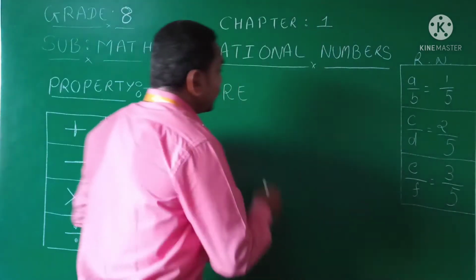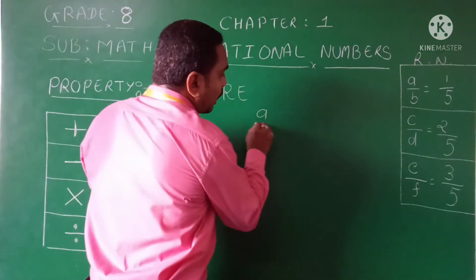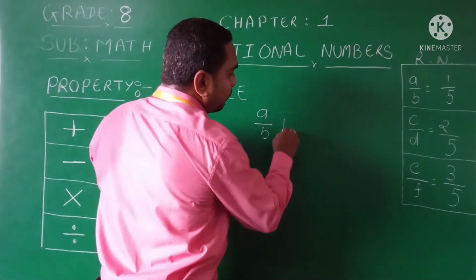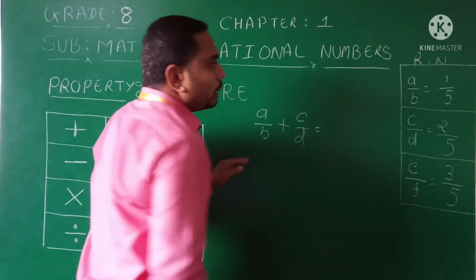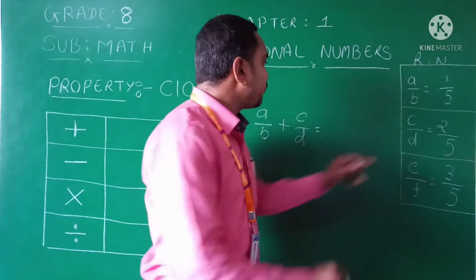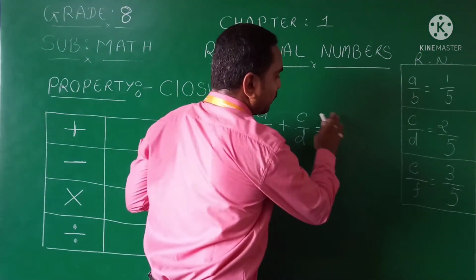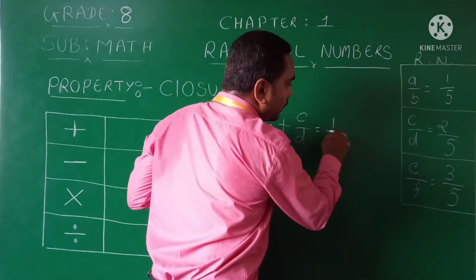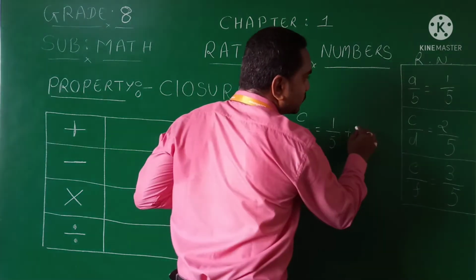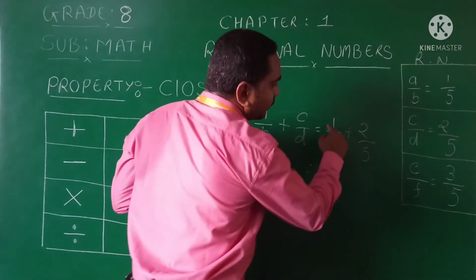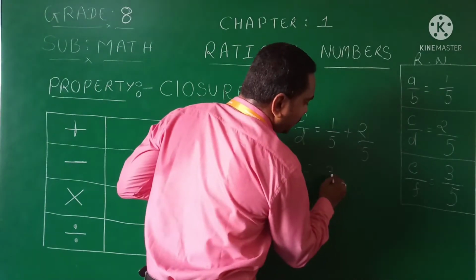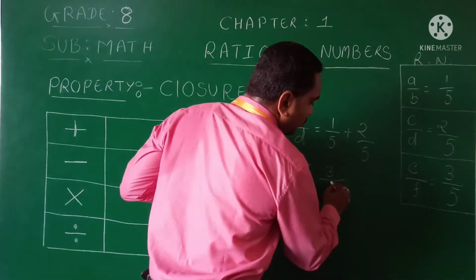So let's say a upon b plus c upon d. So here a upon b is 1 upon 5, 1 upon 5 plus 2 upon 5. What will be the answer? That is 1 plus 2, 3 upon 5.